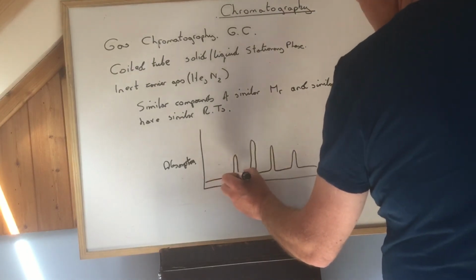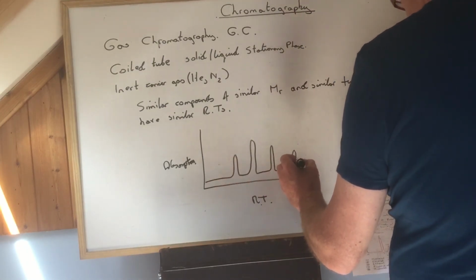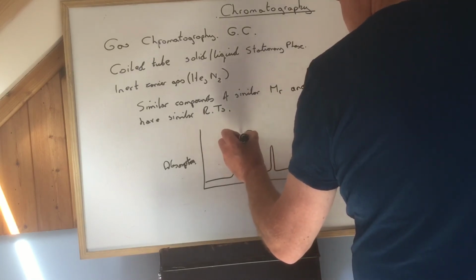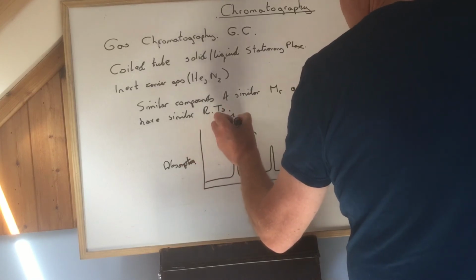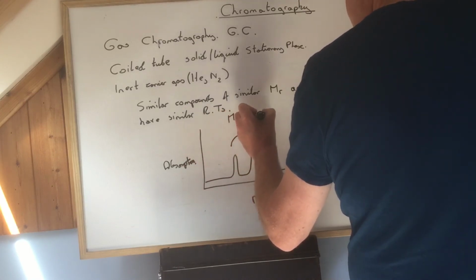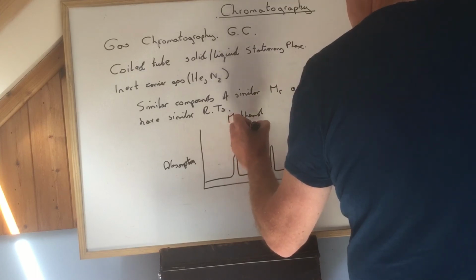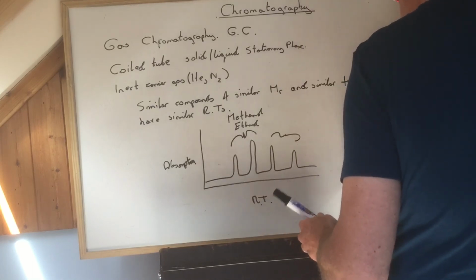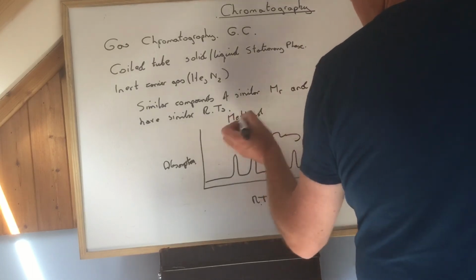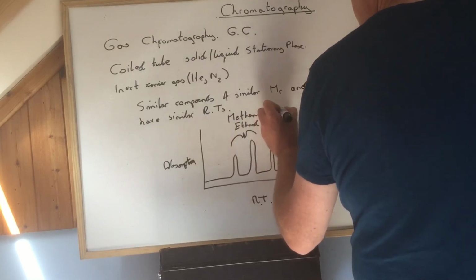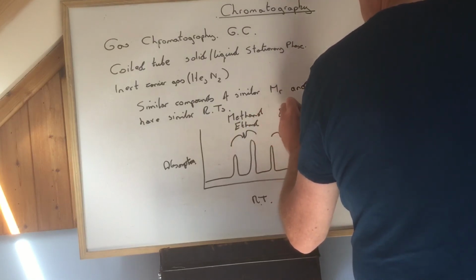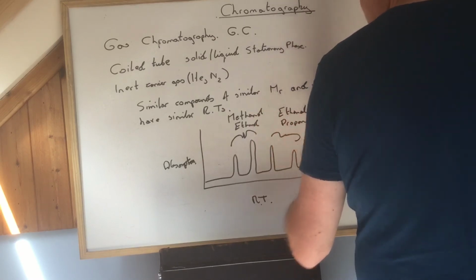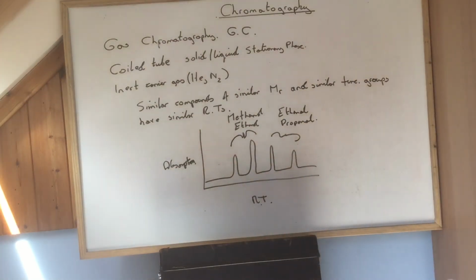Let's say these two are close, with close retention times. Maybe one's methanol and one's ethanol, similar functional groups. Then a bit later on, maybe these are alcohols, one's ethanol and one is propanol. That's basically how gas chromatography works.